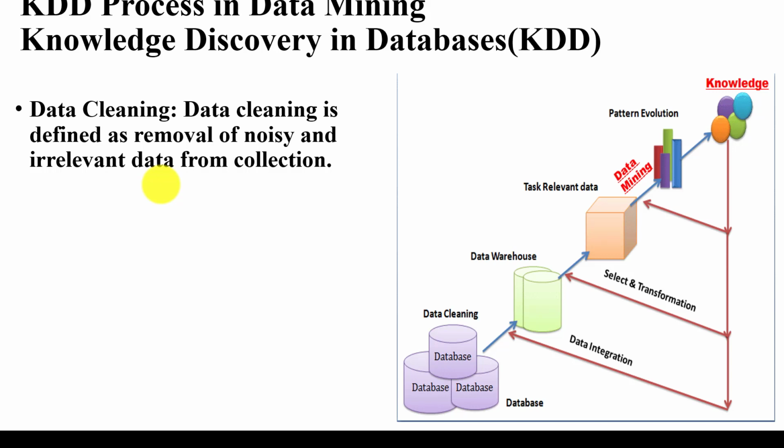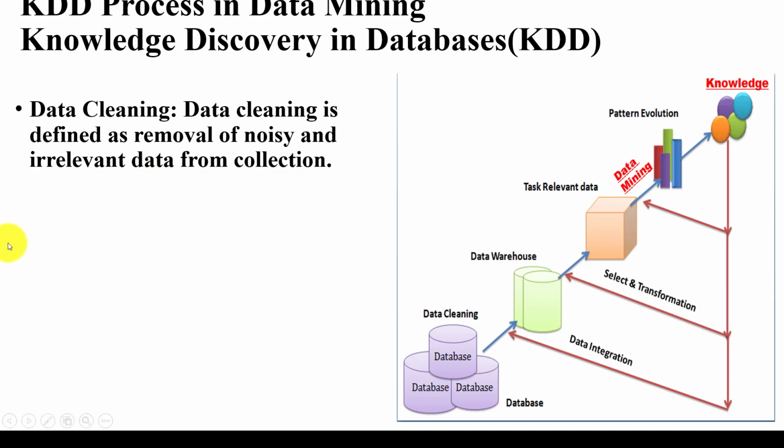Like for example, suppose I have data of a bank. Now we store some data in the bank, suppose around 10 years of data. Now I am going to analyze that data, but some data might be missing, or repeated, or duplicate, or irrelevant or unnecessary data can be in that bank database.